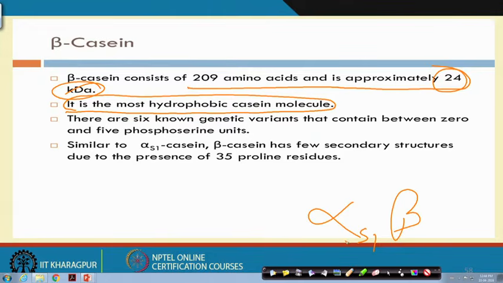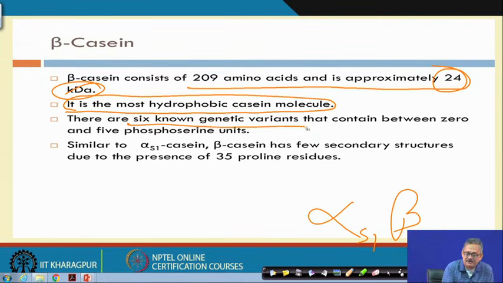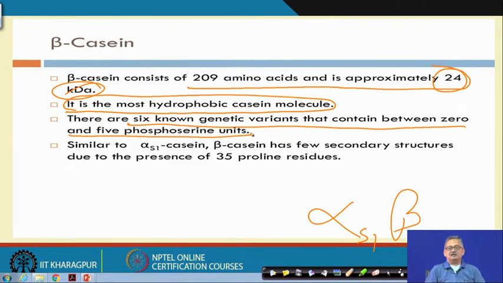So, there are 6 known genetic variants that contain between 0 and 5 phosphoserine units, right. So, phosphoserine units are becoming much lower.